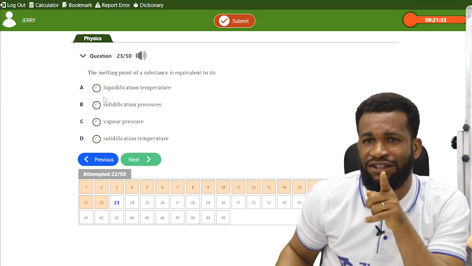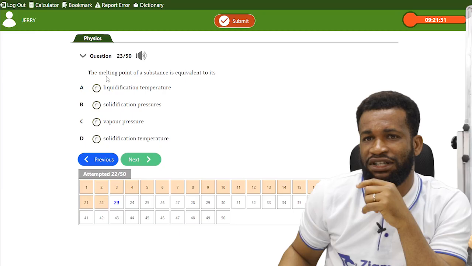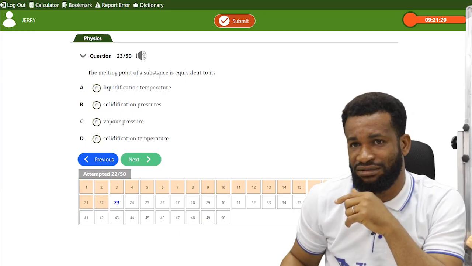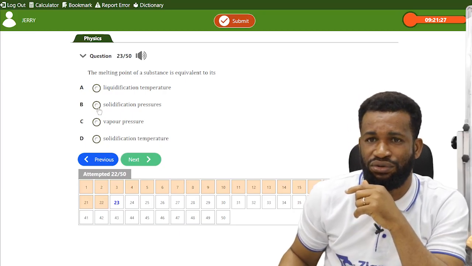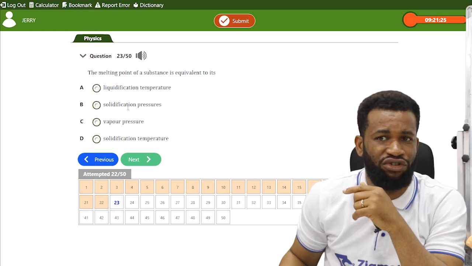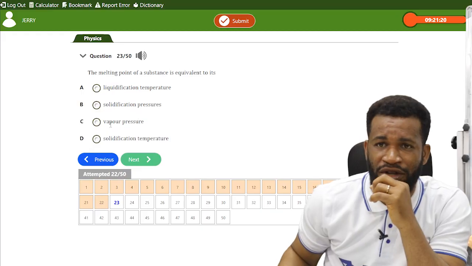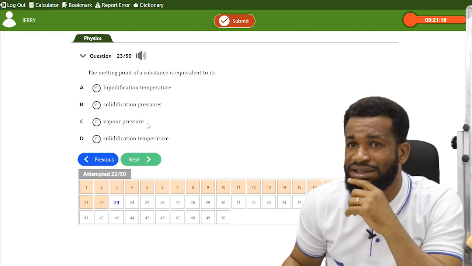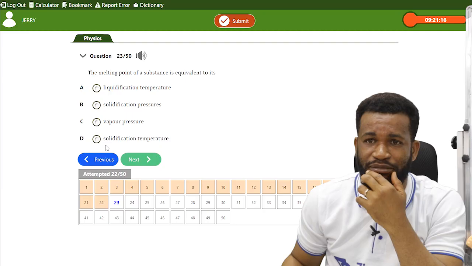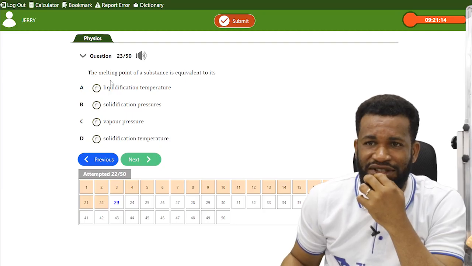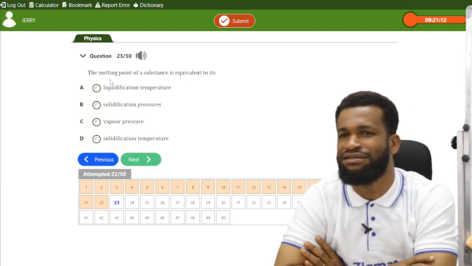This question is saying the same thing that happens to melting will also happen to the solid. Pressure is out of these options, so vapor pressure is not correct. It is between A and B. When we talk about equivalent, this is very tricky.